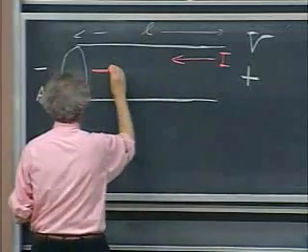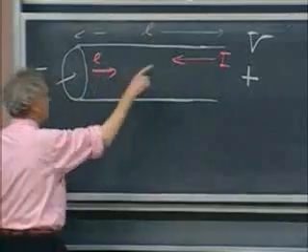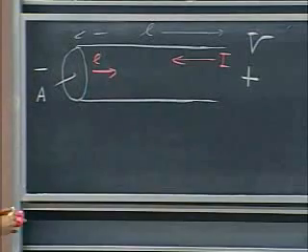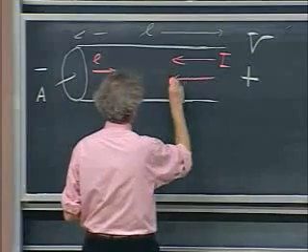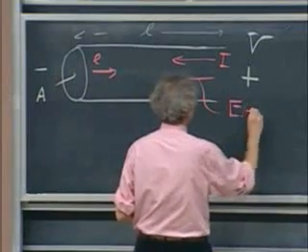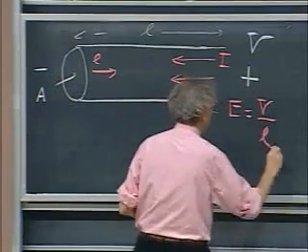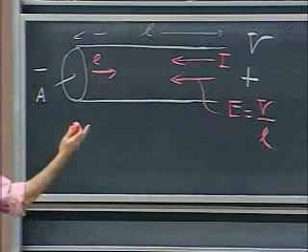The electrons, of course, are moving in this direction with the drift velocity. And so the electric field in here, which is in this direction, that electric field is approximately V divided by L, potential difference divided by distance.